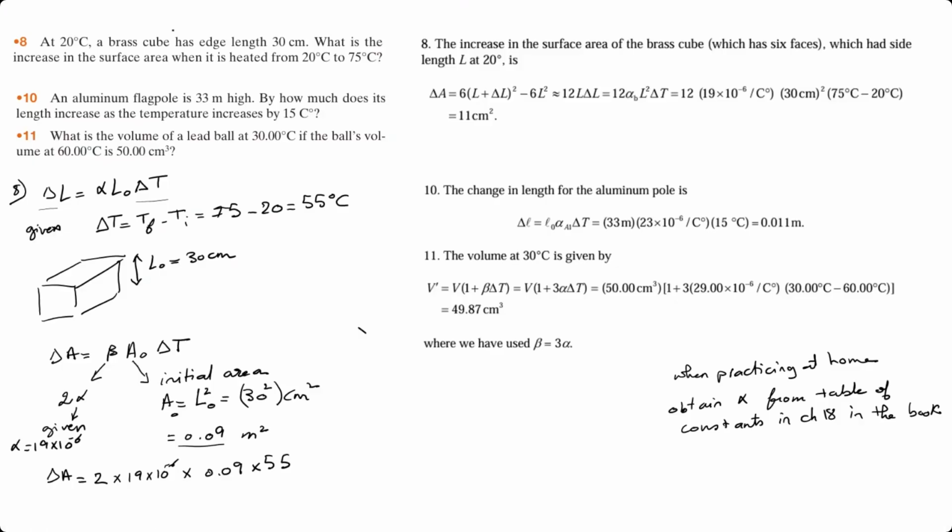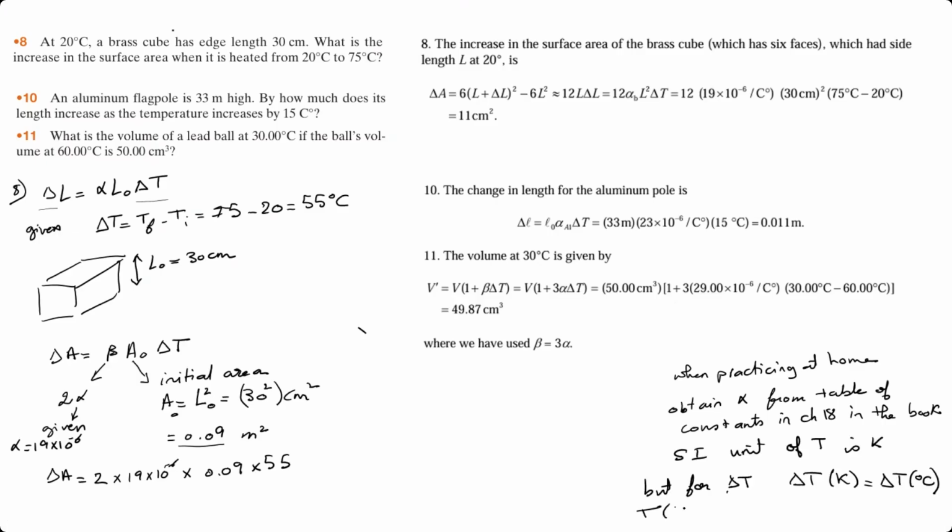In physics, the SI unit of temperature is Kelvin. But for delta T, whenever you have a change in temperature, the change in temperature in Kelvin is the same as the change in temperature in degrees Celsius. Why?